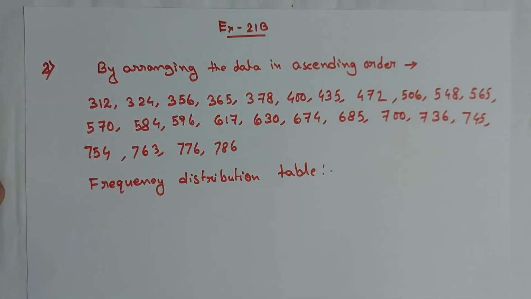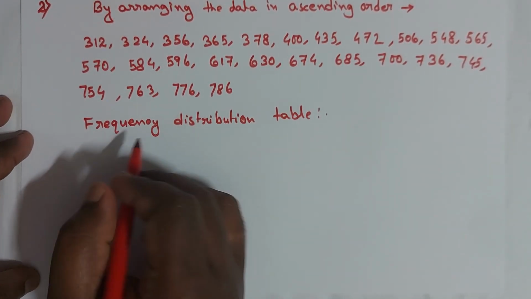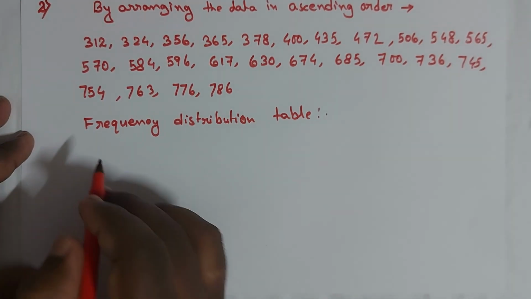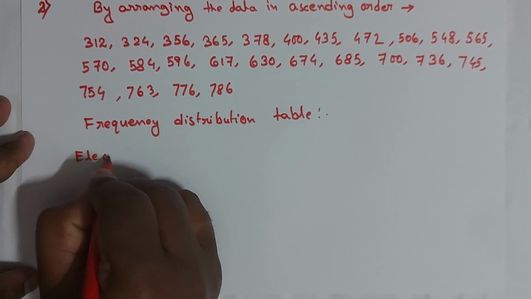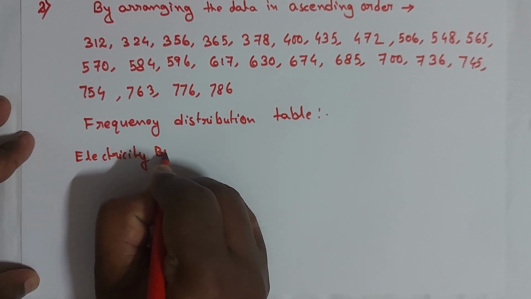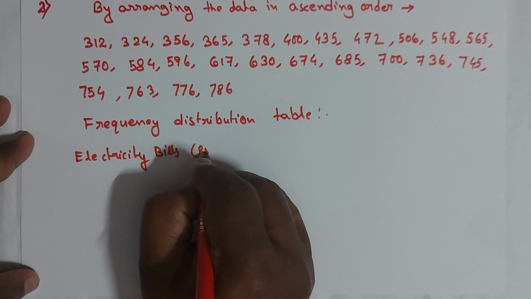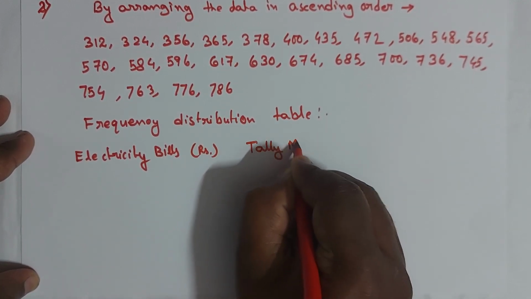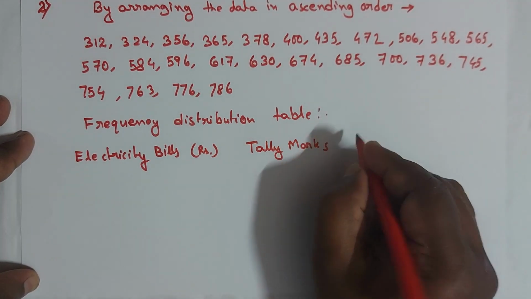In the first column we would write electricity bills, then this is in rupees, then tally marks, and then frequency.